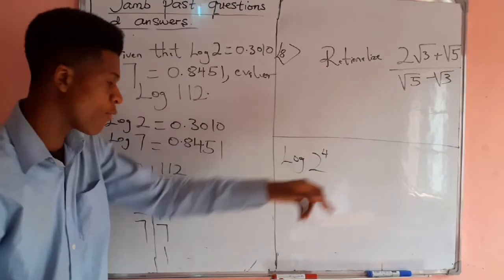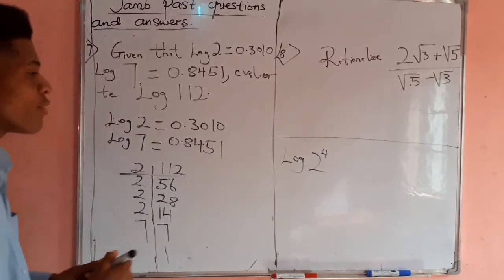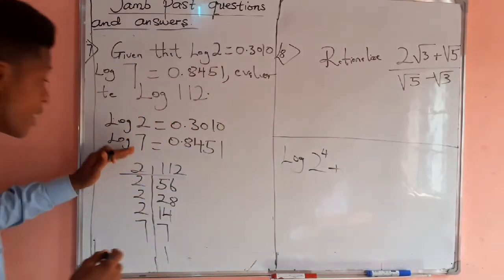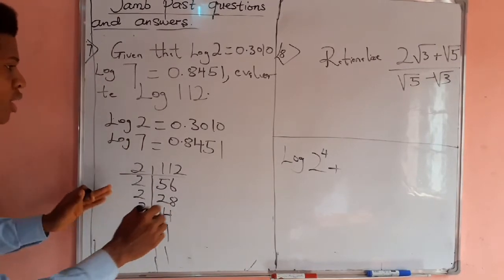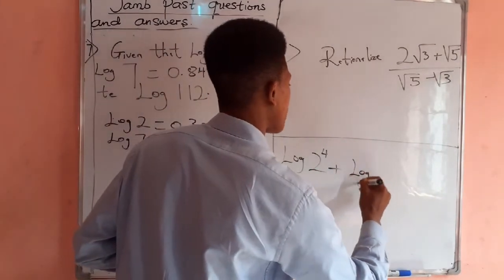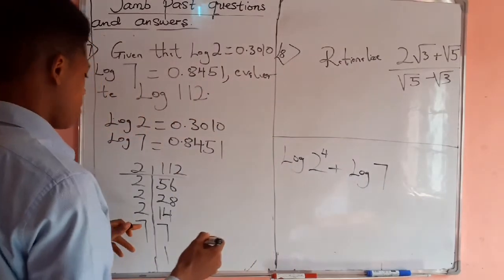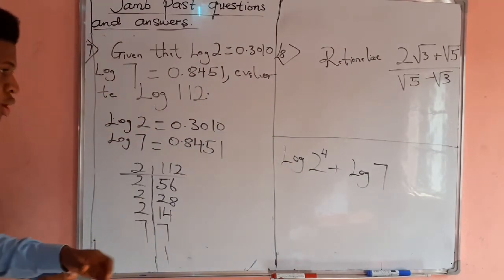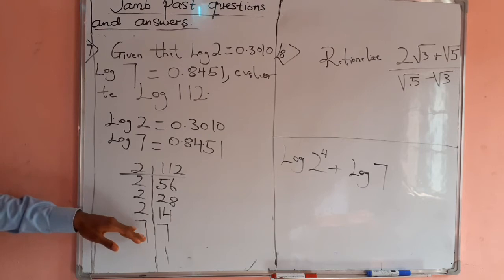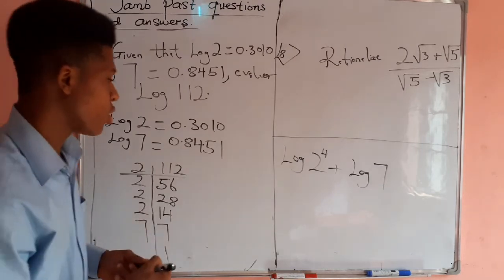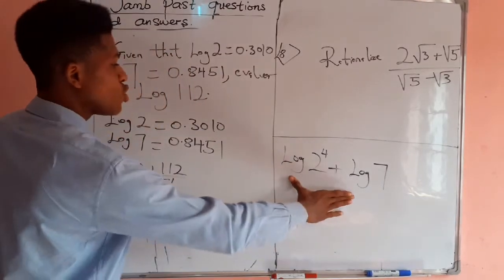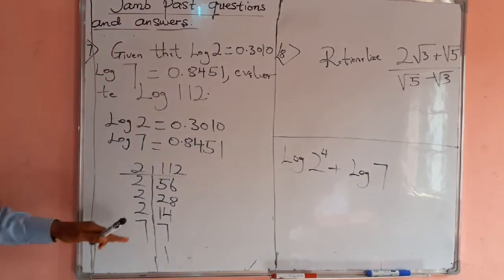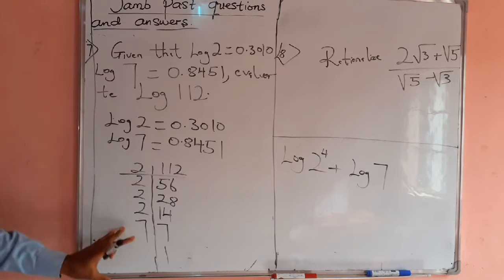Log 2 is power 4. And what do you have next? 7. So all of them are individual. They are individually, so we have to solve them individually. Plus log 7, right? It's not used to power anything because it's just single here. Log 7. So adding these two together is what give you 112. Because these are the factors.